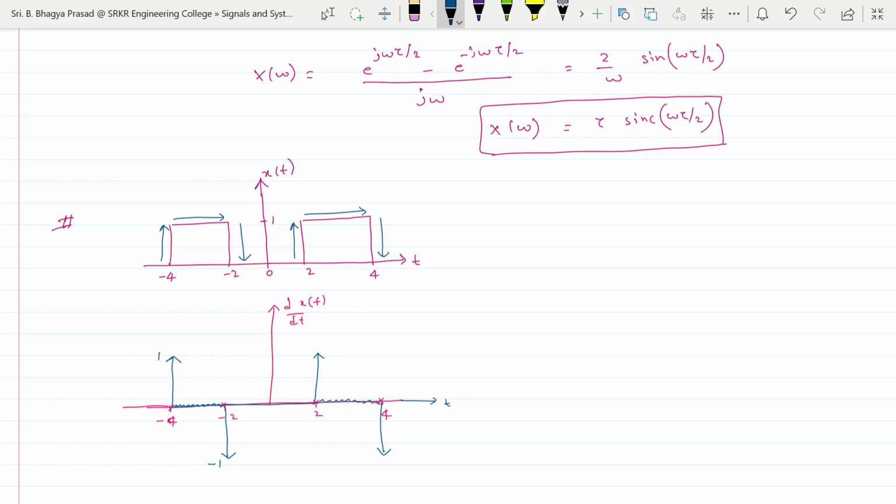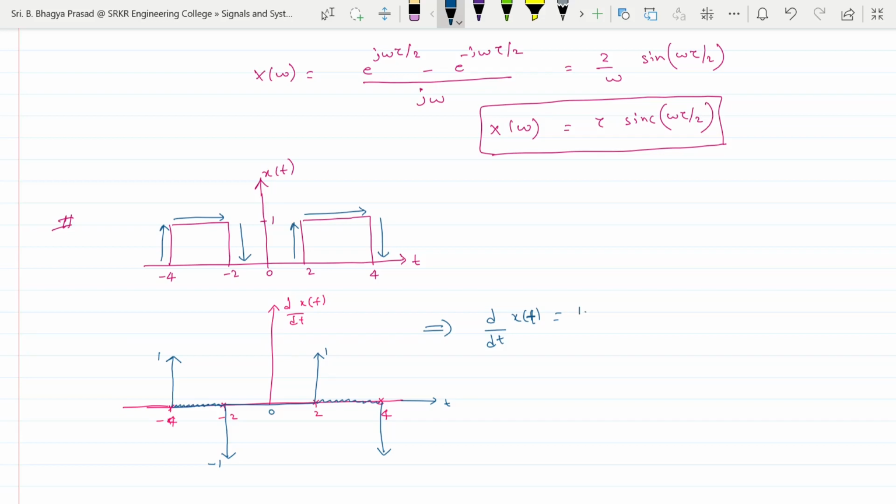Now we represent d by dt of x of t as impulses, the four impulses at locations minus 4, minus 2, 2 and 4 with strengths 1.